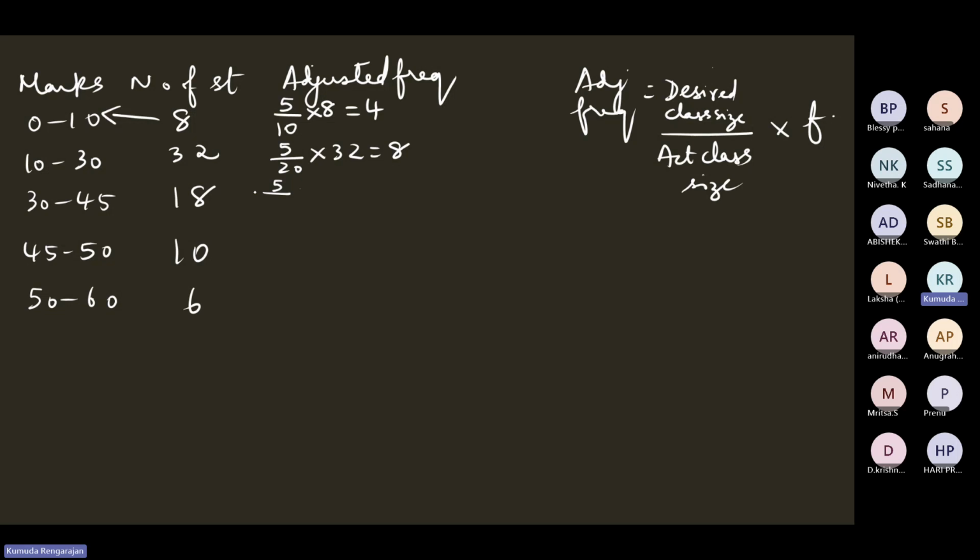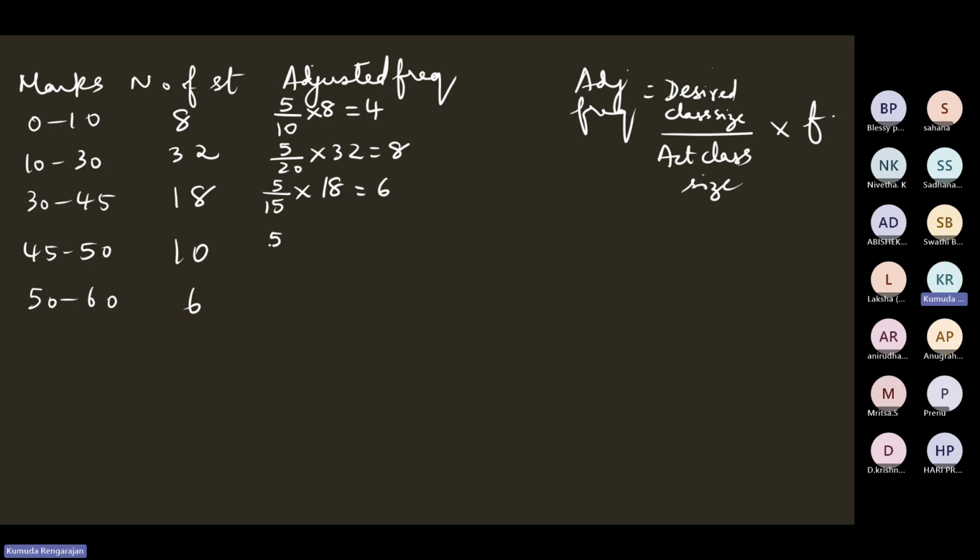Now tell me for the third one, children. What is the actual class size? 15. Into the frequency? 18. Correct. Is equal to 5 ones are 5, threes are, 3 ones are 3, 6 are 18. 6. Next one.